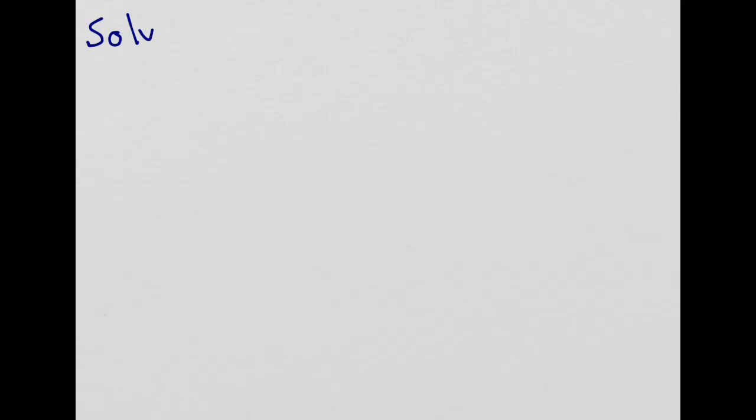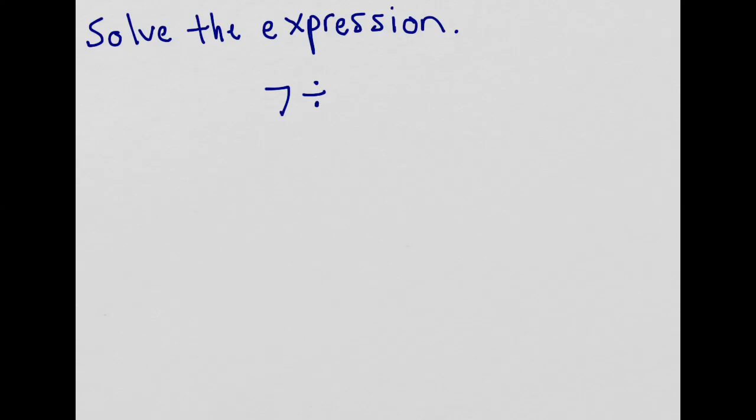We're going to solve the expression, and the expression that we're going to solve is 7 divided by 25 hundredths. So the 7 that I start with is my dividend.